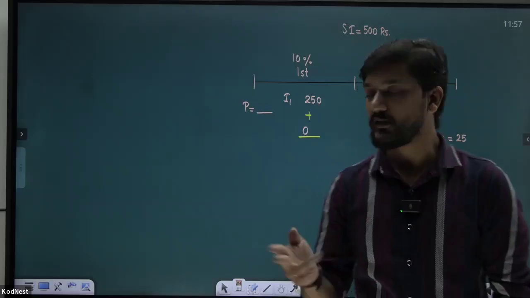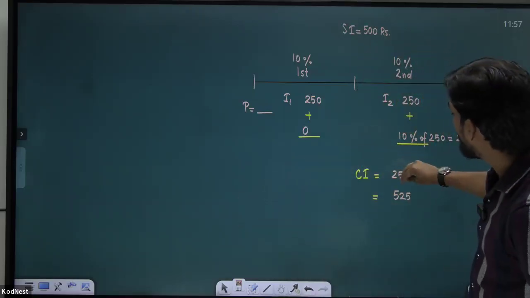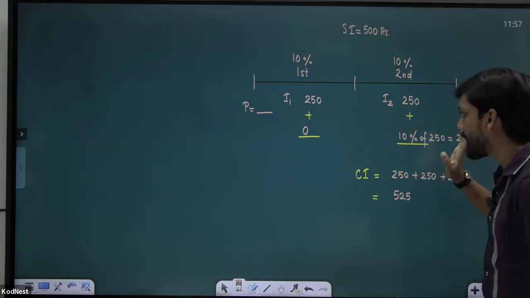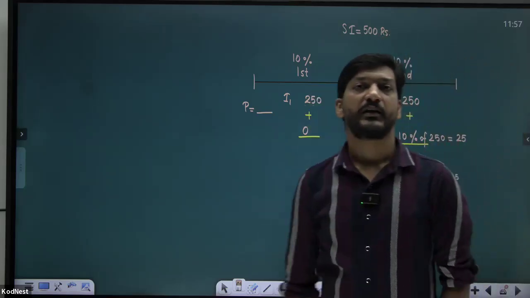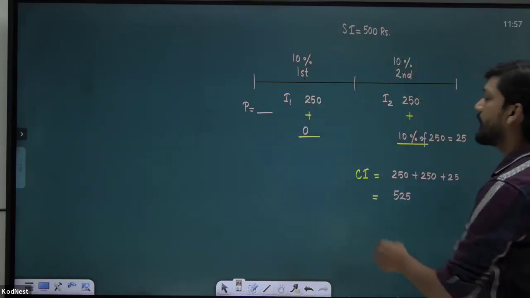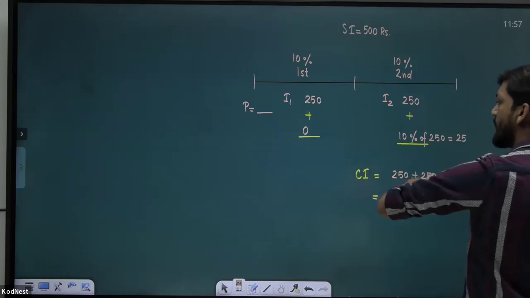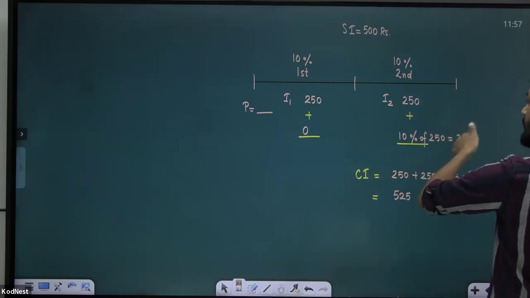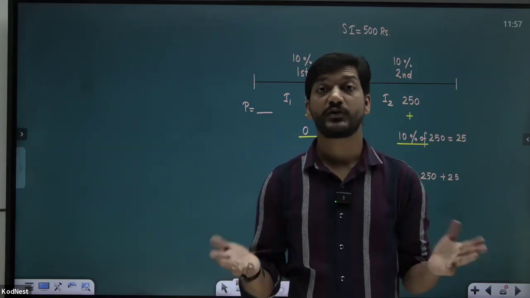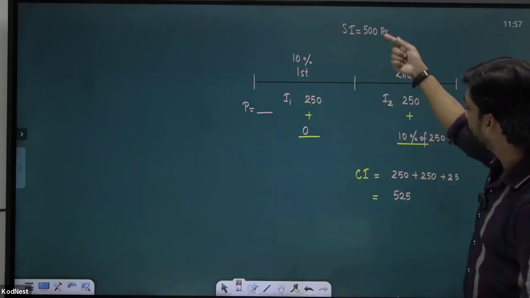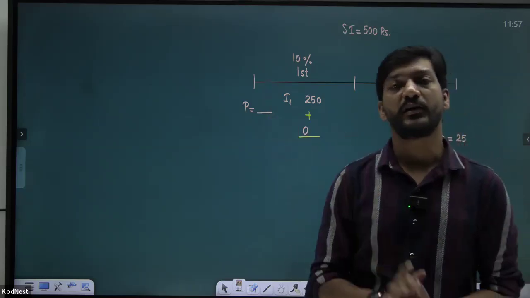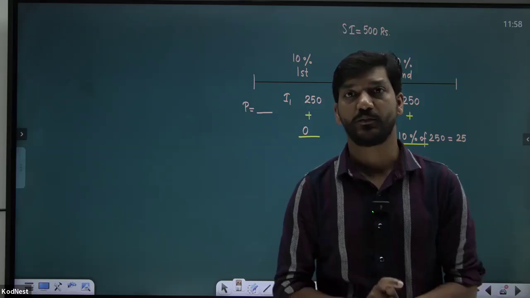It is not possible to calculate simple interest from 525 this way, because compound interest is different for the first year, 250 rupees, and different for the second year, 275 rupees. Simple interest is equal in the first and second year. So simple interest to compound interest calculation is simple, but going opposite is difficult, or let me say, not possible.